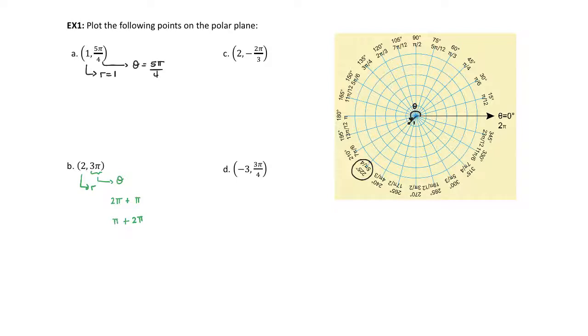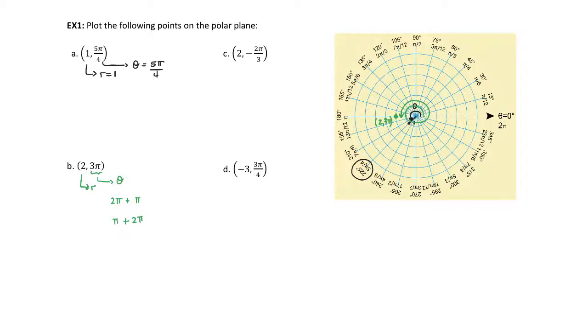Now the radius is going to be 2, so this is 1 right here and this is 2, and then the theta involved is 3 pi. So the way that you would denote that is really by going 1 complete revolution and then boom, pi right here. So this will be the point. This is the point with coordinates right here, 2, 3 pi.